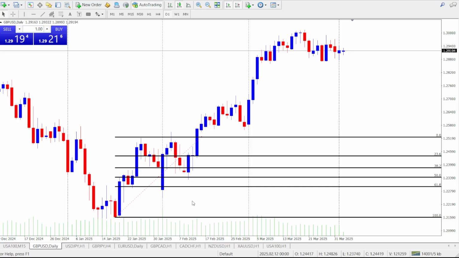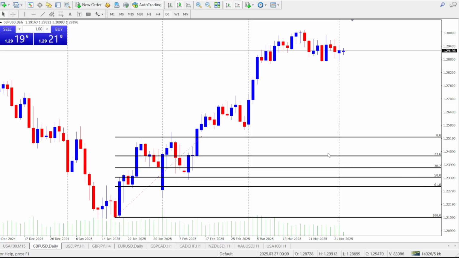Traders use the Fibonacci sequence to map out levels where the price is likely to retrace before continuing its trend. The most common levels are 23.6%, 38.2%, 50%, and 61.8%, as you can see highlighted here.